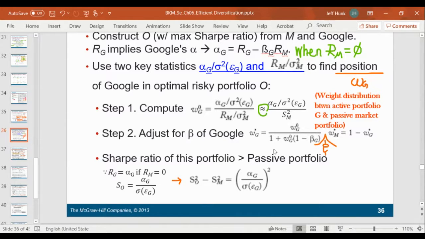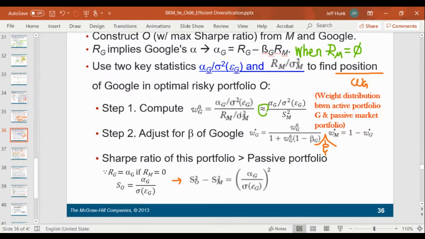Isn't that right? The total of the weight is one, plus the unadjusted weight of Google times one minus beta of Google, right? And once this is found, the weight in the passive market portfolio is one minus the weight of Google.